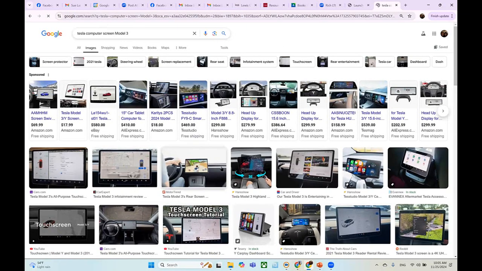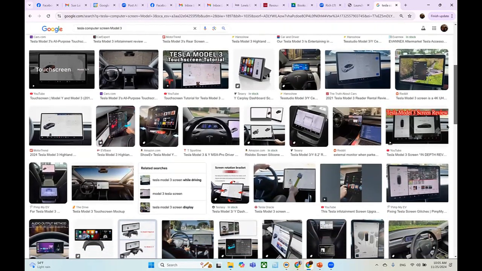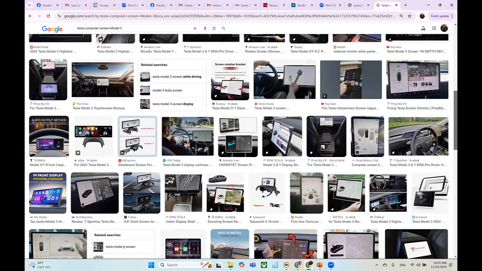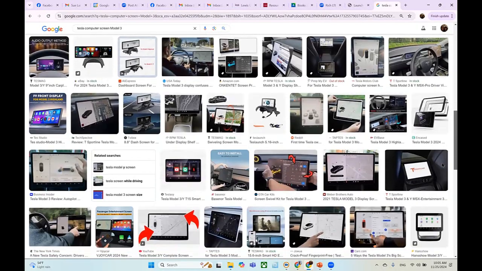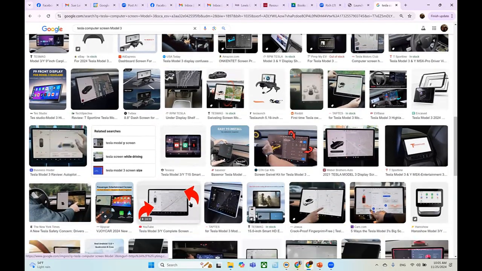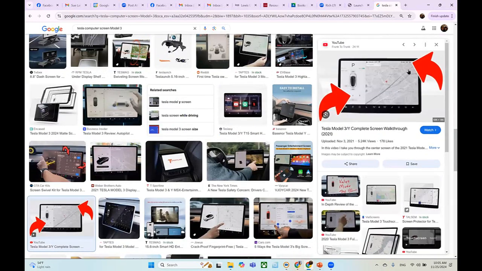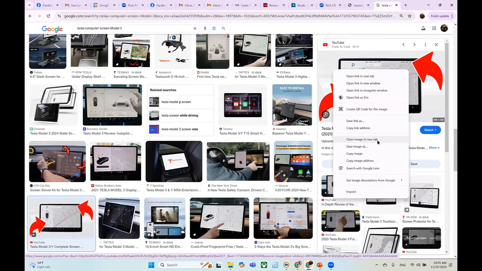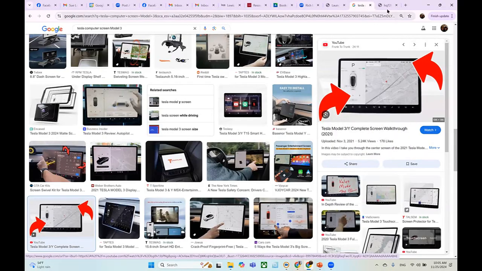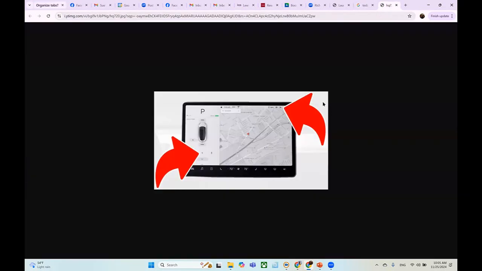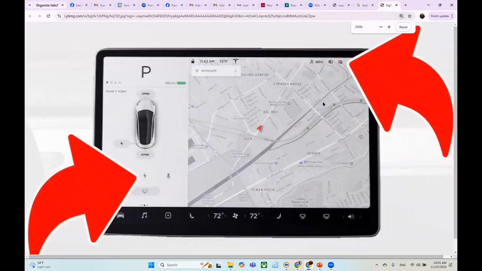Okay, let me choose a better one that's clear. They're always too small. This one maybe. Okay, this one, let me zoom in a little bit.